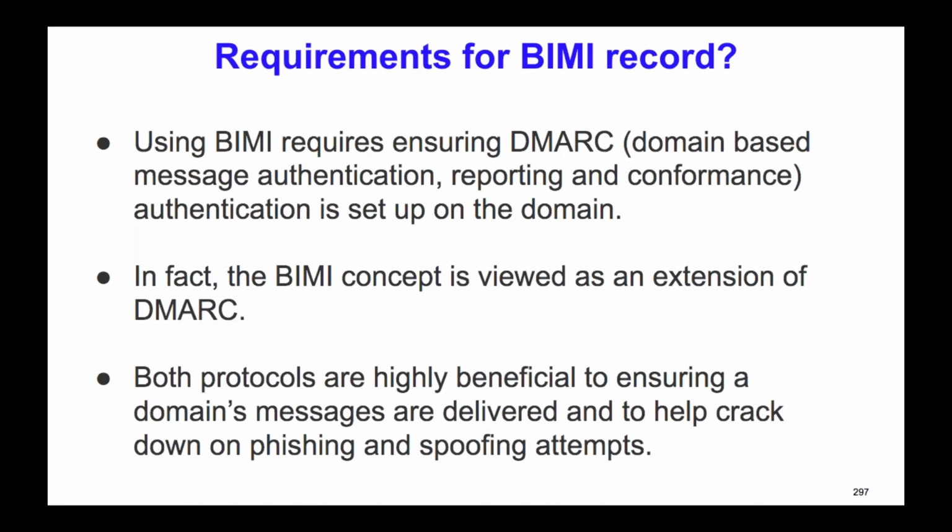It ensures that you have the SPF and DKIM. Those are again the email infrastructure policies, rules and authentication mechanisms. So basically, you can call BIMI DMARC 2.0, one step beyond DMARC.